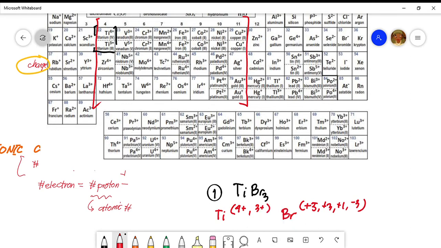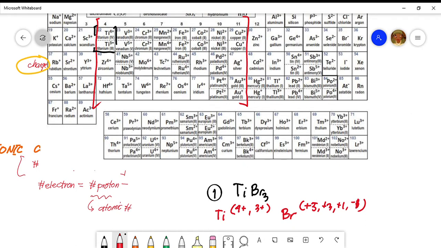So there are many choices for bromine, but we know that since titanium is a cation, bromine has to be an anion, so it should have a negative charge. Sorry, this is actually -1.